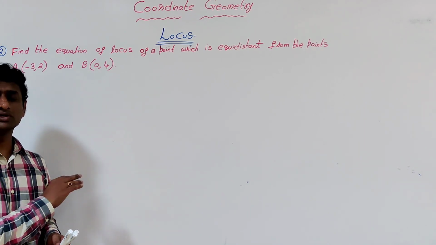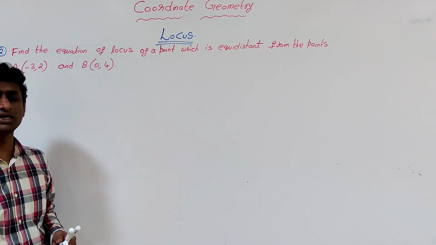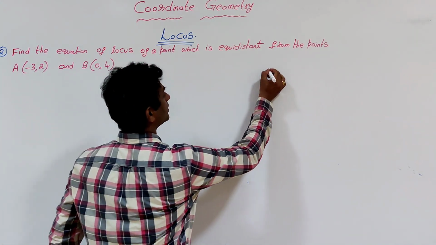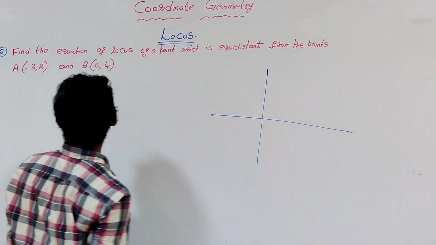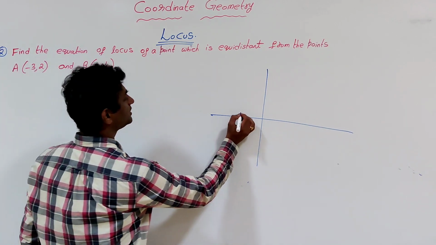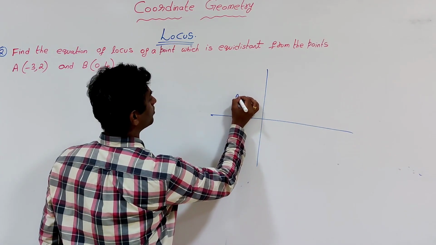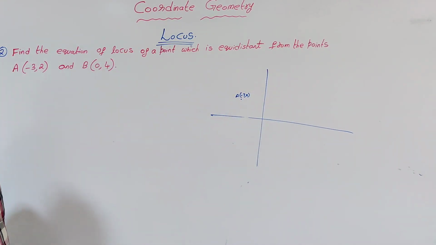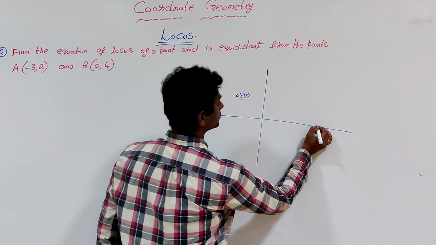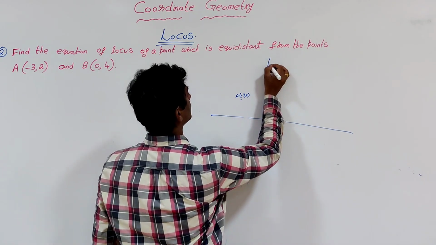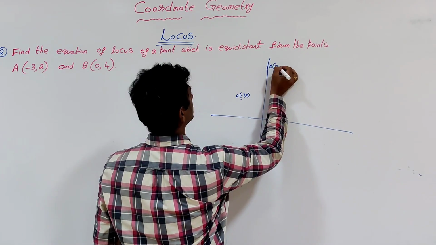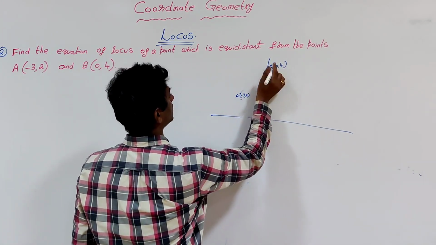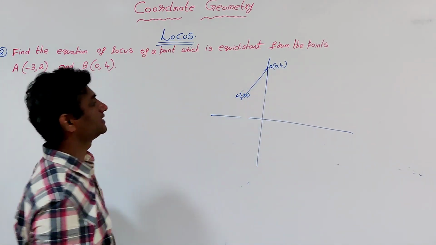Before going for the solution, let's have a geometrical representation of the statement. In the xy plane, there is a point A (−3, 2), which lies in the second quadrant, and B (0, 4). Now if we draw, this is a line segment.